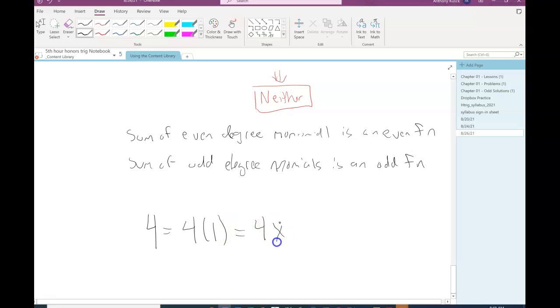And I know that anything to the 0 power is 1. That was one of our properties of exponents. So I really have an x to the 0 at the end of any constant term, which tells me the degree, which is the sum of the exponents from the variables, for a constant term is 0.